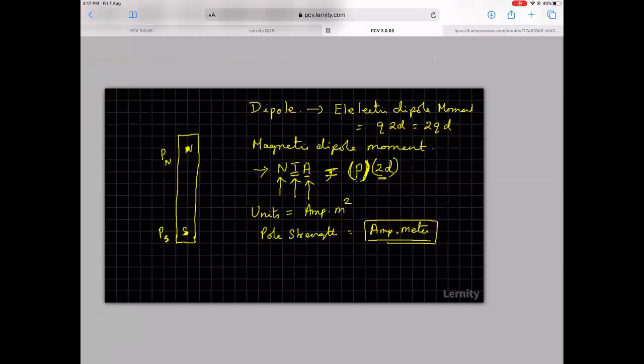So we are actually making a comparison between electrostatics and magnetostatics.